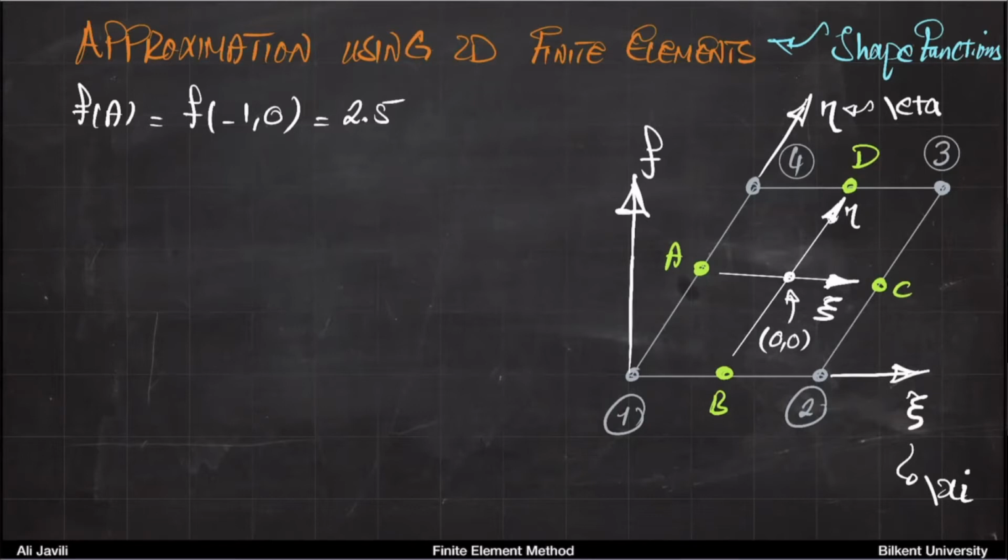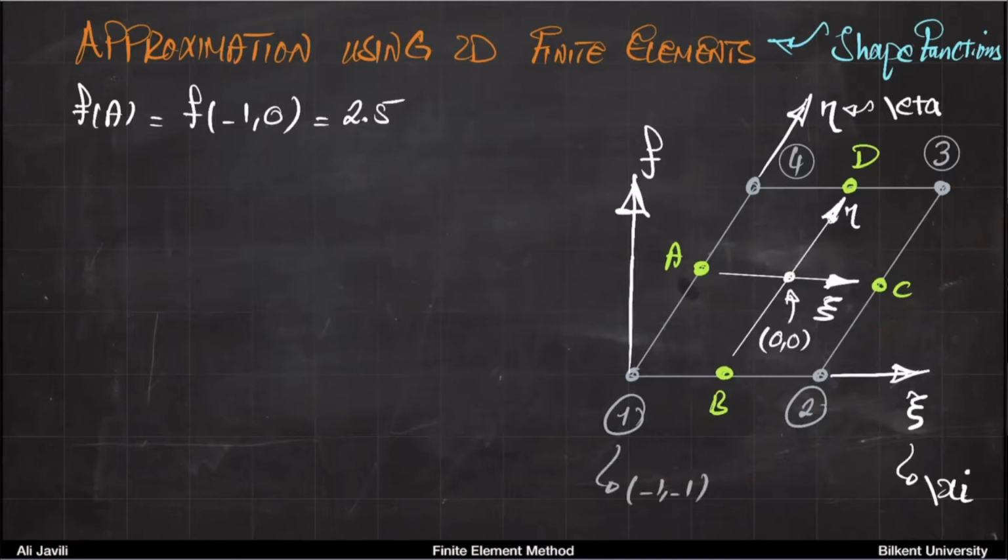Okay, so now let's say we assume this is the center, and for now, let's assume the domain here has the size 2. Node 1 would have the coordinates -1, -1.